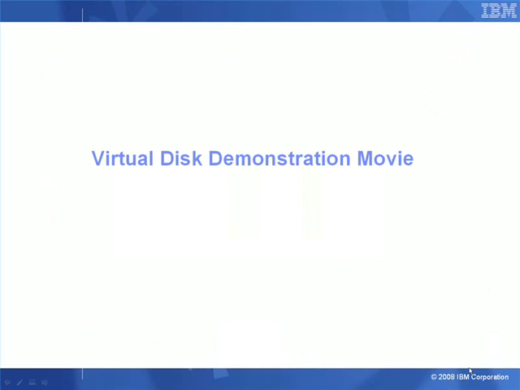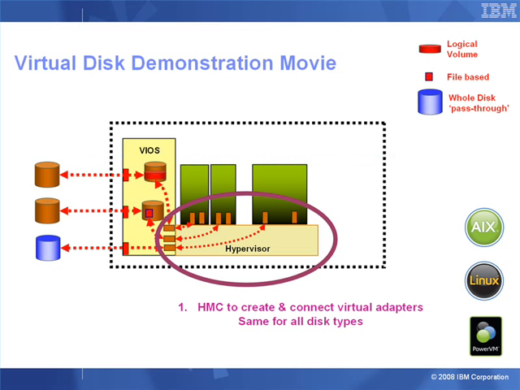Now, in the next movie about virtual disks, we're going to demonstrate how we actually set up our virtual disks using our virtual I/O server. On the HMC, the Hardware Management Console, we create these virtual SCSI adapters, both in the client and in the virtual I/O server, and we connect up those virtual adapters so that the I/O will actually transfer between the logical partitions, the server and client logical partitions.